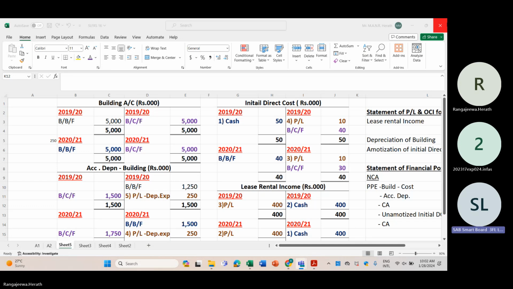And the depreciation for the second year. So we have the 5,000 building balance carried forward, accumulated depreciation 1,750 carried forward, initial direct cost carried forward 30, and the rental account has no balance as it is charged to P&L. That's it.